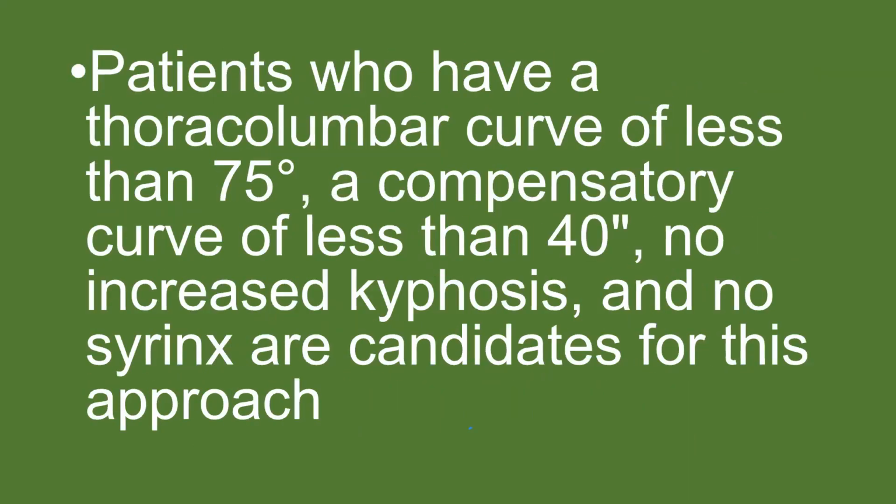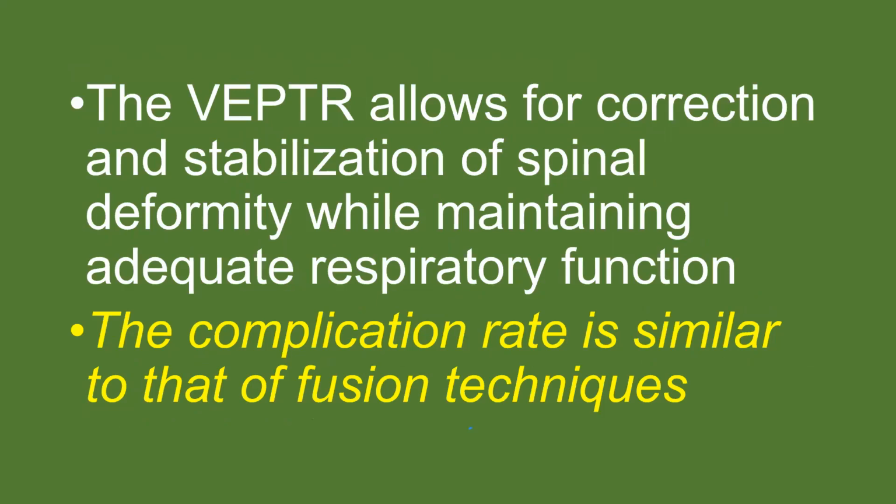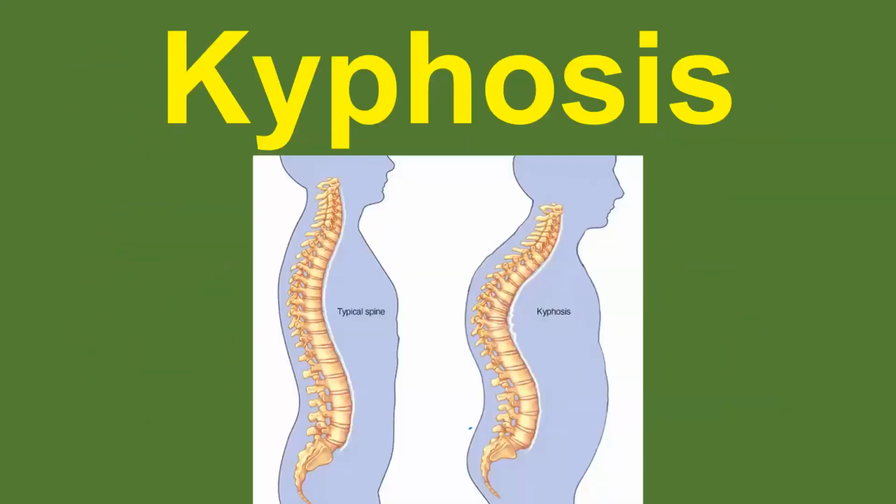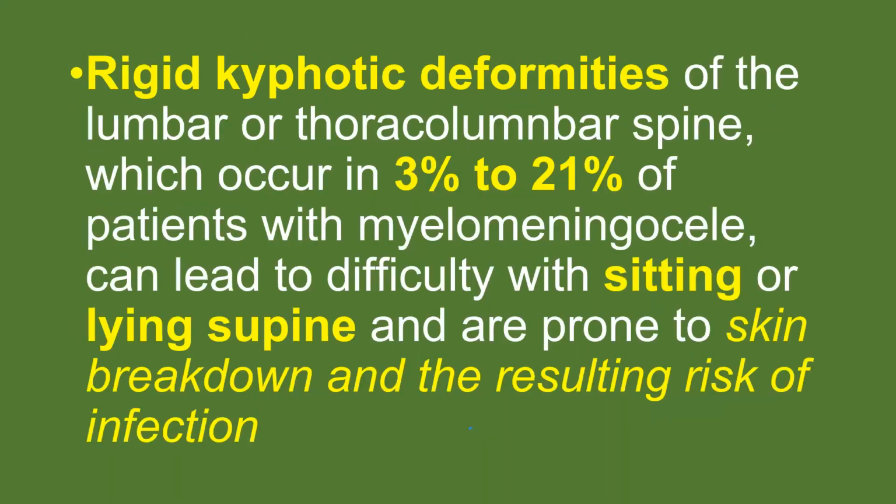Now, if the child is very young, you have to use a titanium rib growth component, the VEPTR, where you put it and gradually straighten the spine. So you have to be very careful about this.